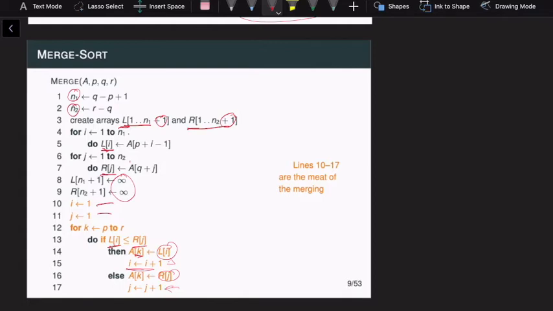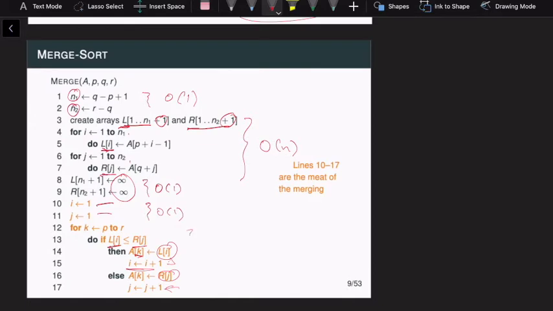Now, how long does this take? Well, it's easy to see that this first part takes order 1, so that's constant time. Creating these arrays and filling them out takes order n. These two lines take constant time, along with these two lines as well.